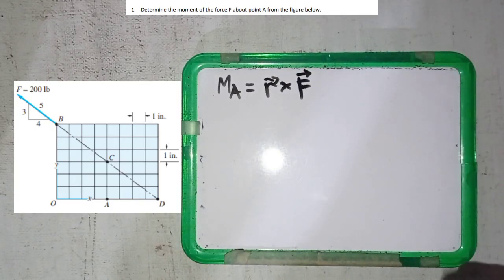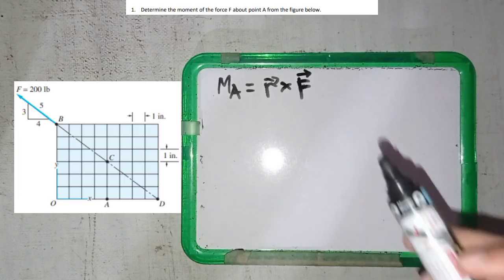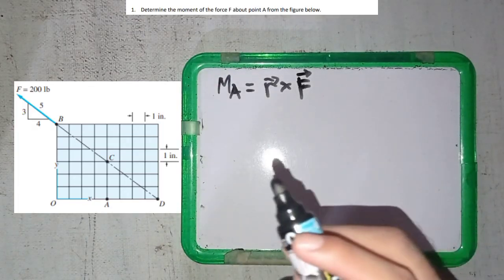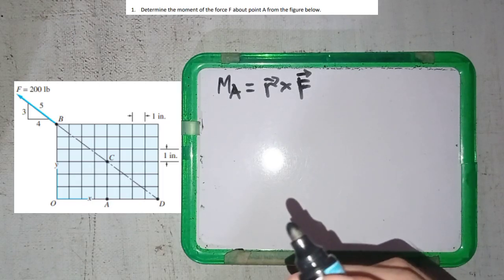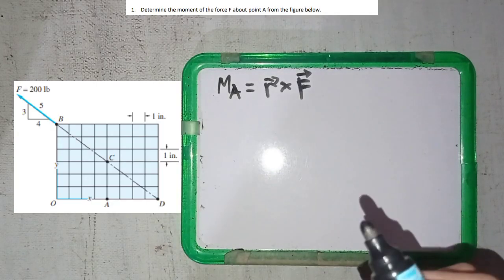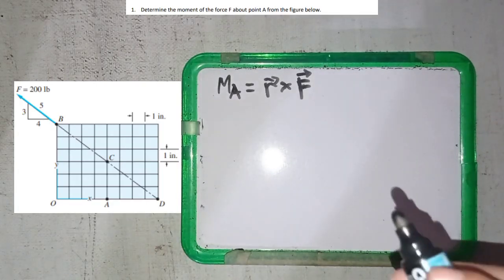First, we note that the force here in the upper corner has 3 in the y-axis and 4 in the x-axis, or a slope of 3 over 4.